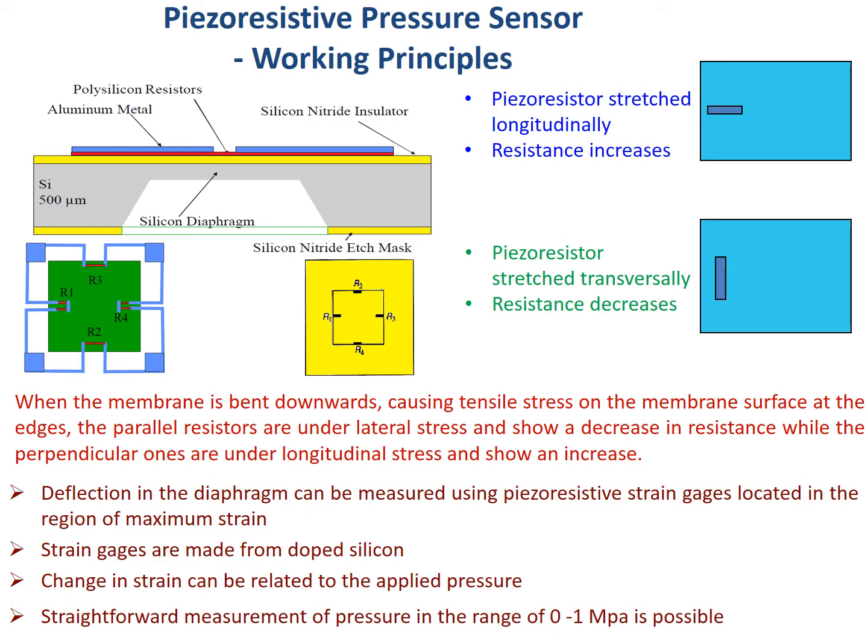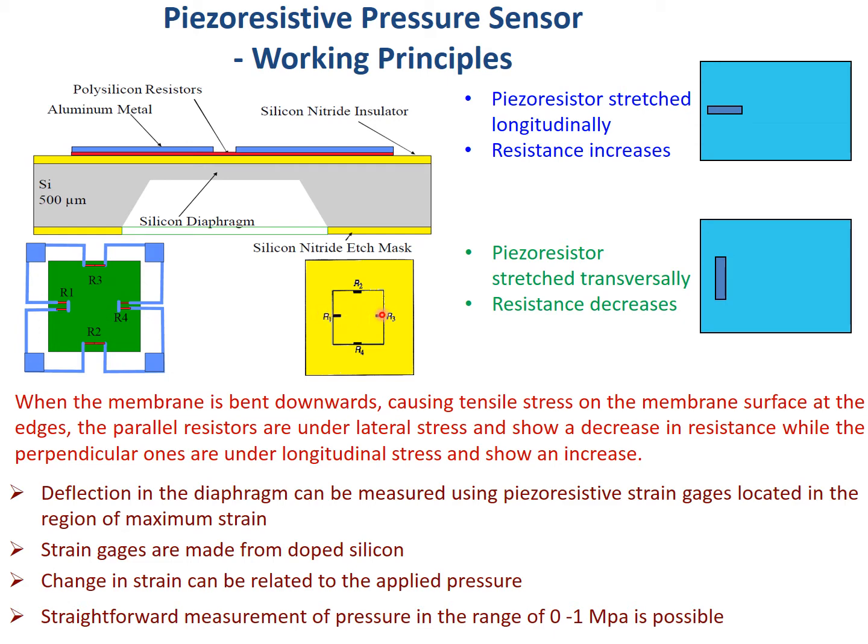Fine. So here you can see the corresponding diagram, R1, R2, R3, R4. Suppose here we are applying the pressure at the middle portion, then what will happen?